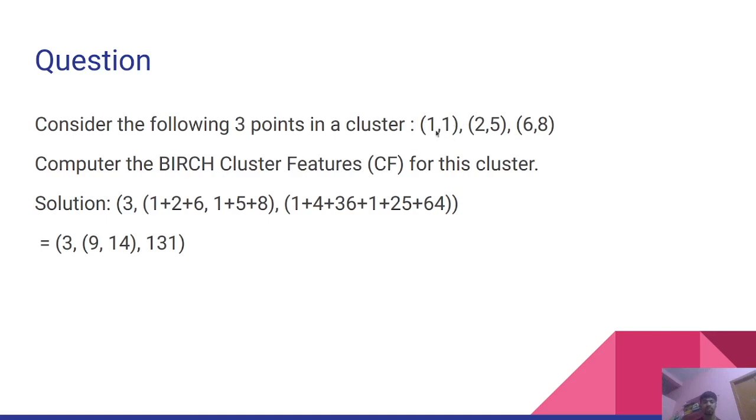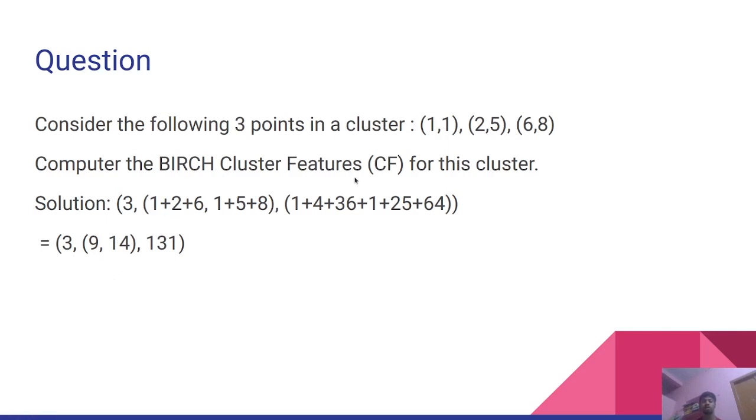Sum of the first coordinate is 1 plus 2 plus 6. Then sum of the second coordinate is 1 plus 5 plus 8. So 1 plus 5 plus 8 is 14, and 1 plus 2 plus 6 is 9.